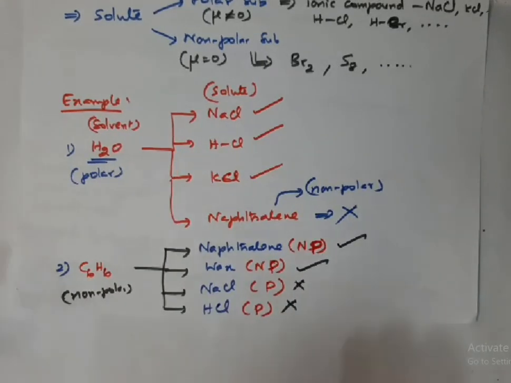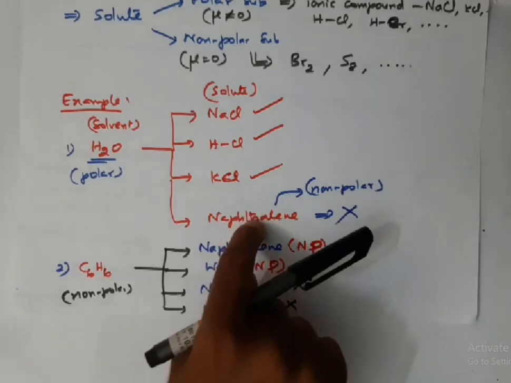That is why we simply say it is insoluble. Insoluble doesn't mean that even one molecule cannot go into solution. No, it's not like that. The amount dissolved in water is negligible, so we say naphthalene is insoluble in water.